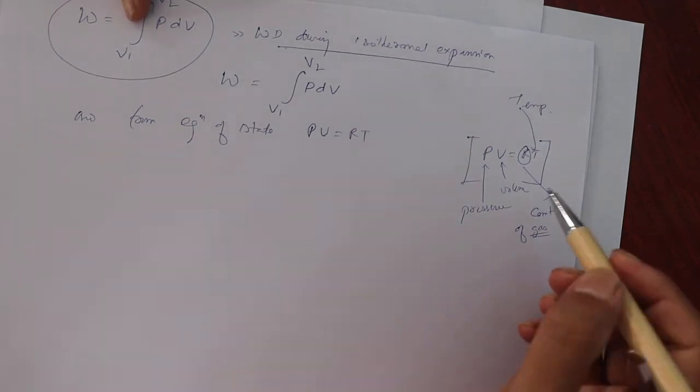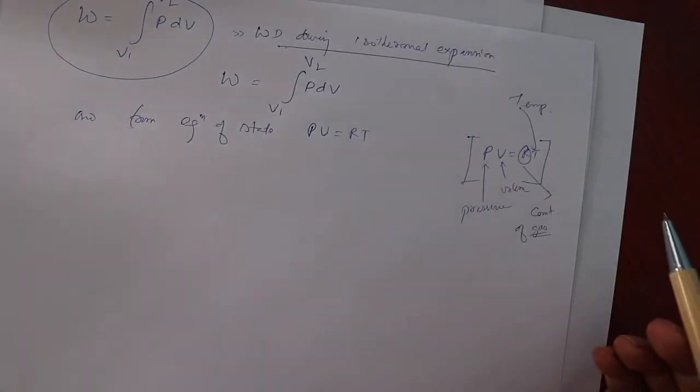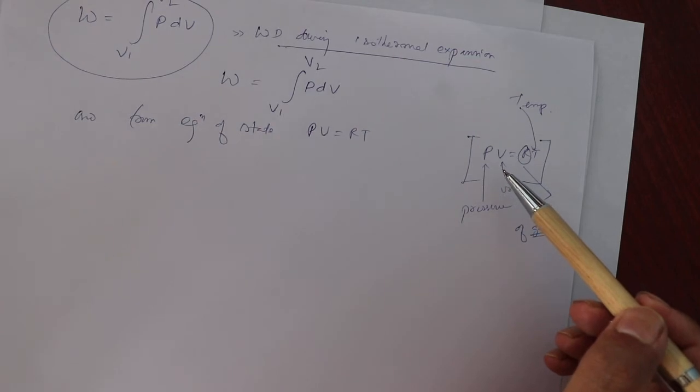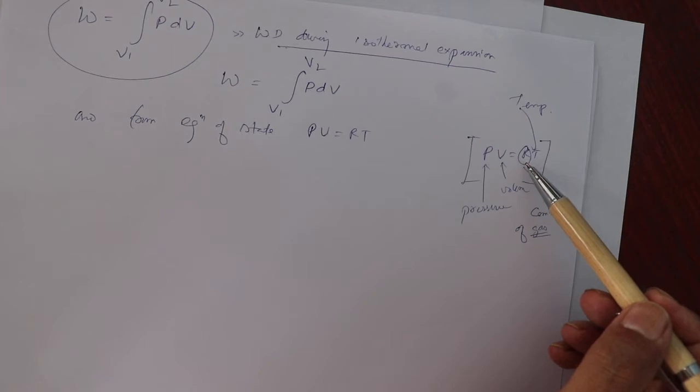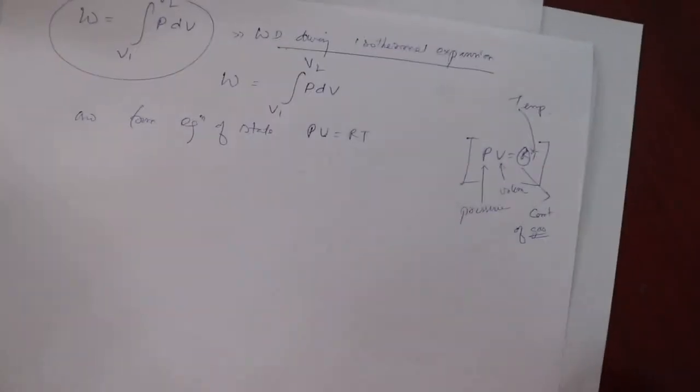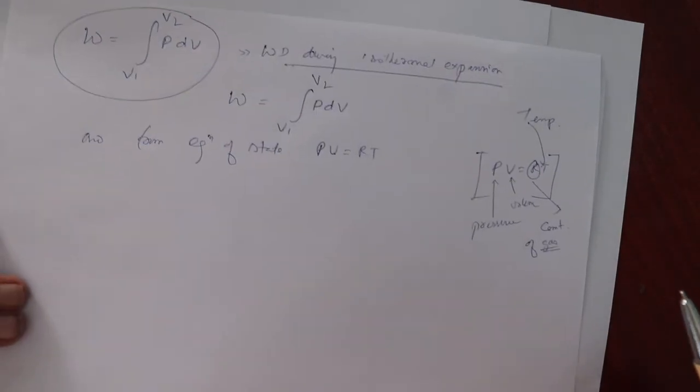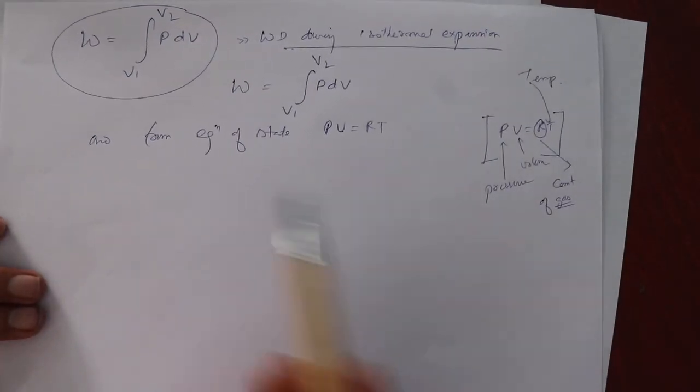P is for the pressure, V for the volume of the gas, T for temperature, and R is the gas constant. So the equation that connects pressure, volume and temperature of a gas is what we call the equation of state.